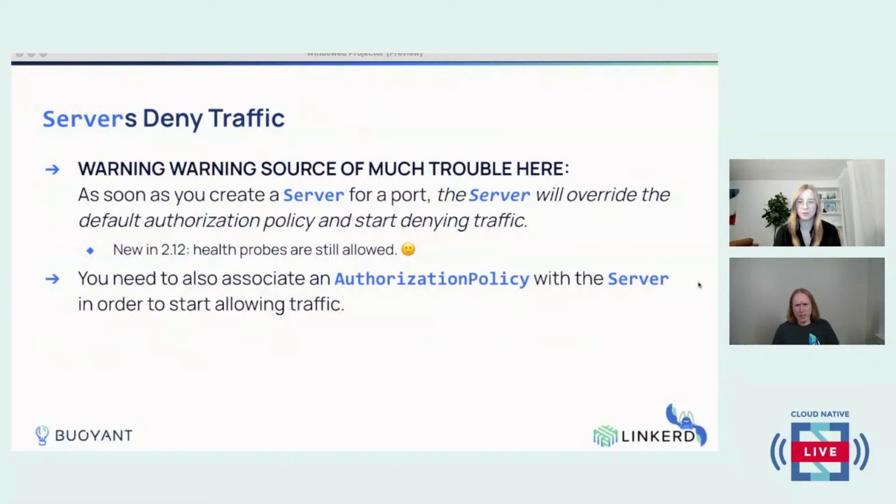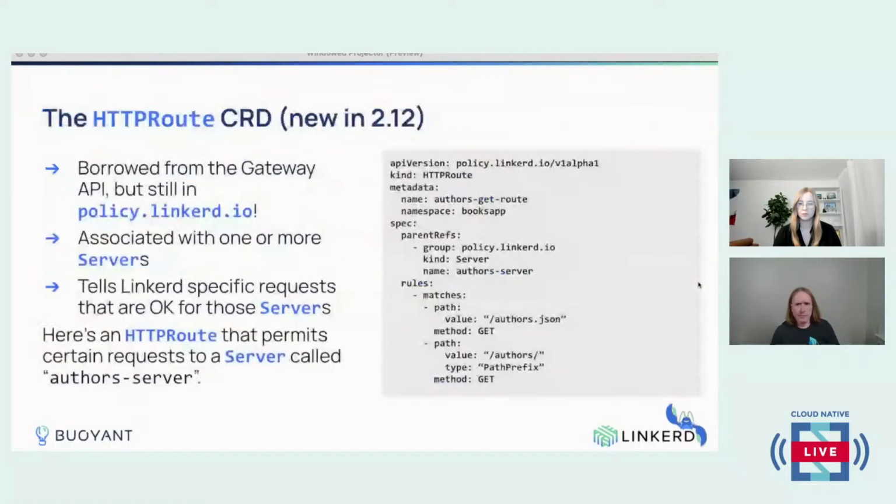I should modify this slide to say you could also do it by associating an HTTP route and an authorization policy, but we'll get to that in a bit. This, like I said, tends to cause people a lot of trouble because it can be a little surprising. You go through, you add a server, and suddenly things break. So be aware of that.